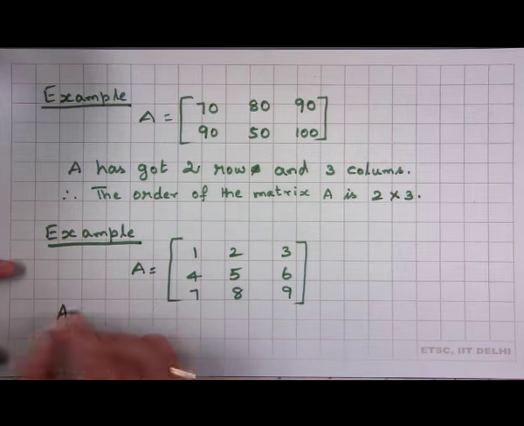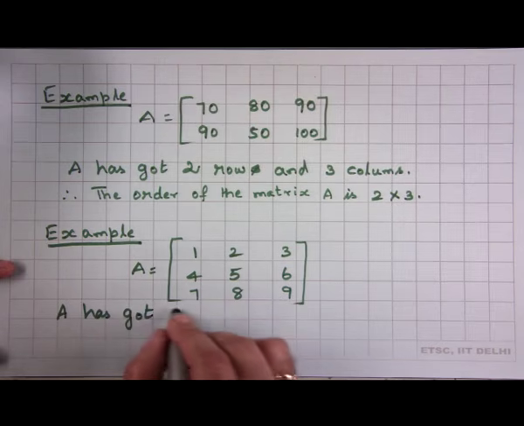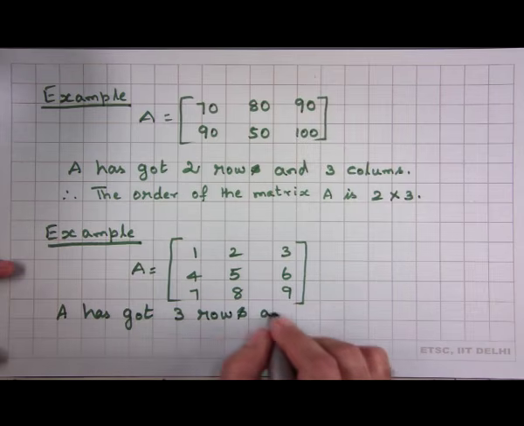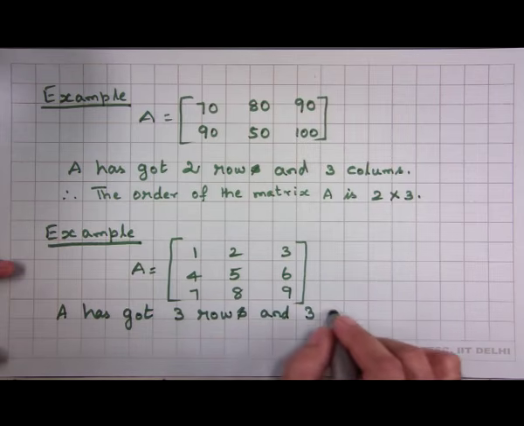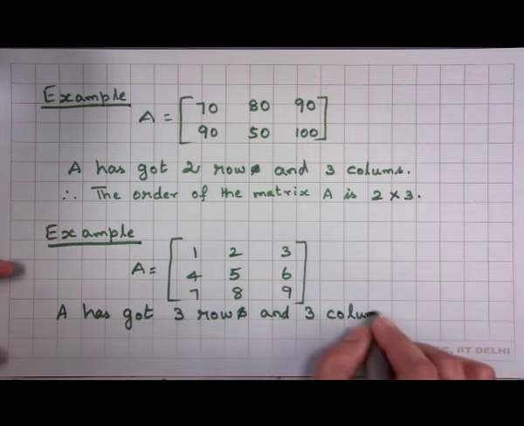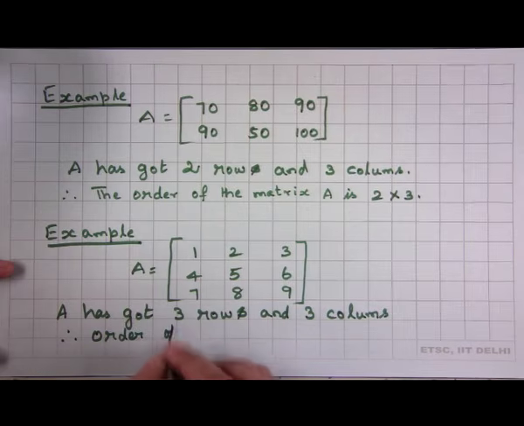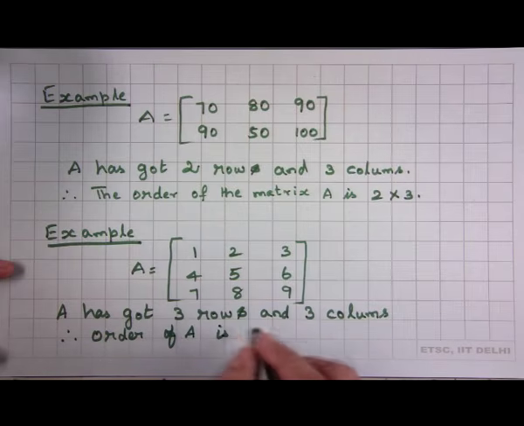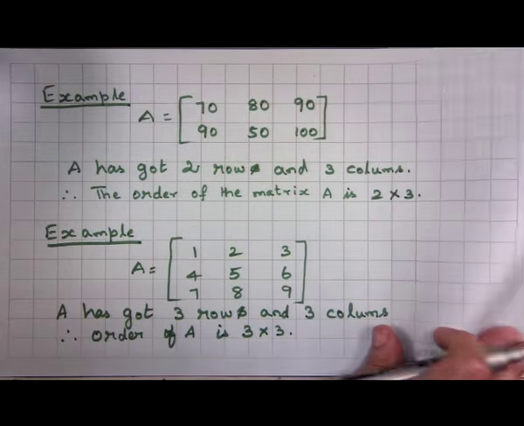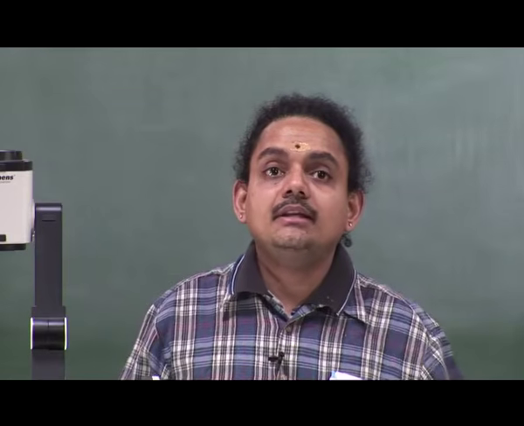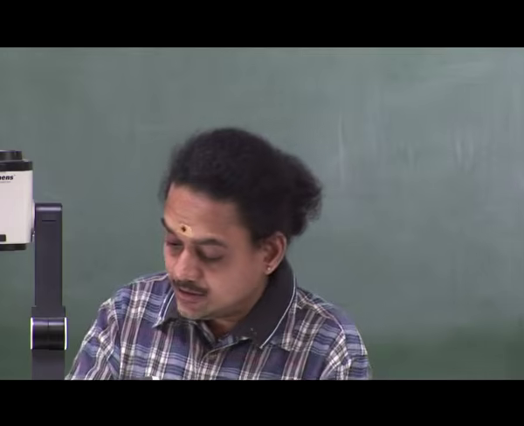So, A has got 3 rows and 3 columns. Therefore, the order of A is 3 by 3.